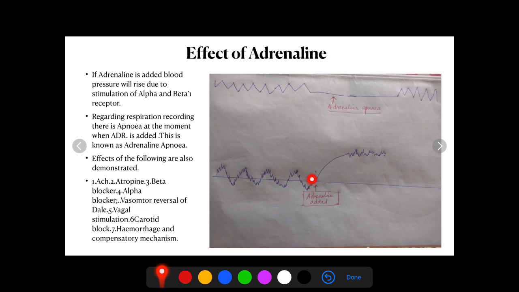And one interesting phenomenon is that at the corresponding point, there is cessation of respiration. This cessation of respiration is known as adrenaline apnea.